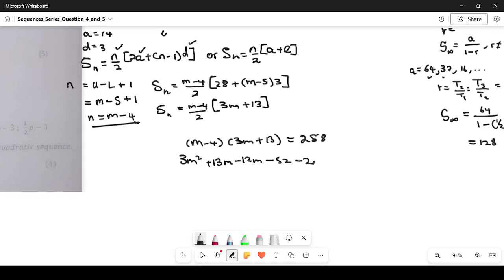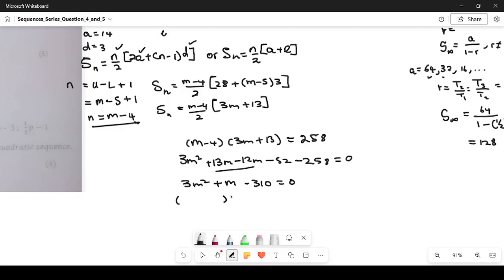I'll have minus 258 equals to 0. Then my like terms, I will have 3m squared plus m, then minus 52 minus 258. That gives me negative 310 equals to 0.